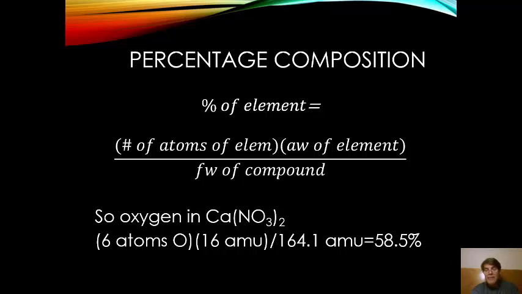So basically the percentage composition of oxygen in calcium nitrate is 58.5%. So there, we've learned about formula weights and we've learned about percentage composition in this short section.